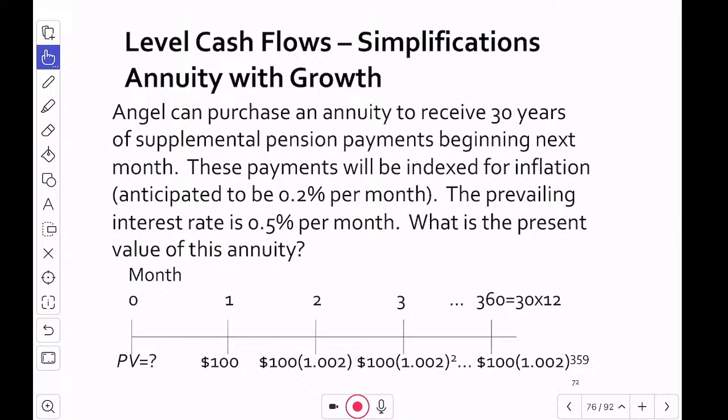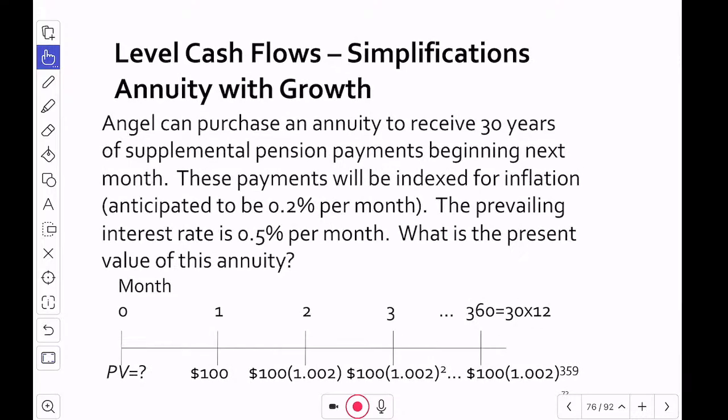That means inflation is anticipated to be 0.2% per month. The prevailing interest rate per month is 0.5%. What is the present value of this annuity?